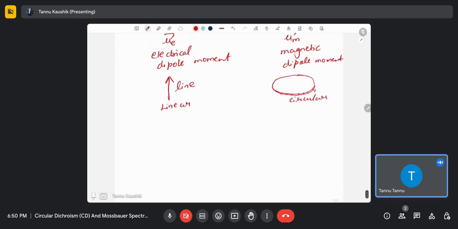So in systems where both are active, the kind of motion we will get is helical motion.